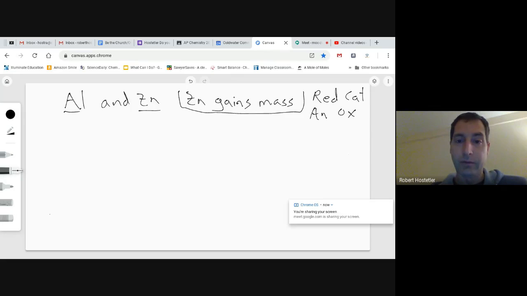So if we're gaining mass, then our zinc is going to go from a zinc ion to zinc metal. This is a reduction because the oxidation number goes from +2 to 0. So the zinc is being reduced, and that is the cathode.